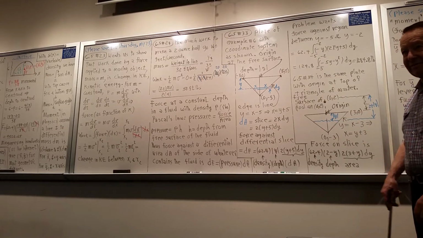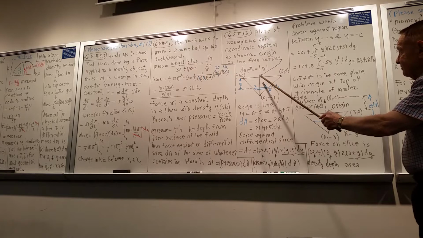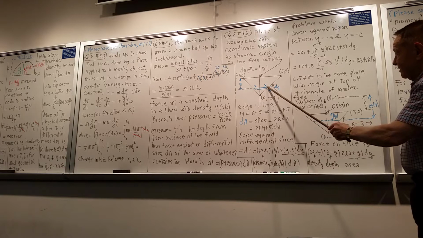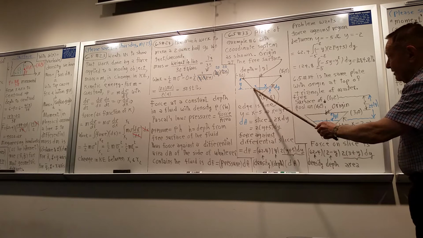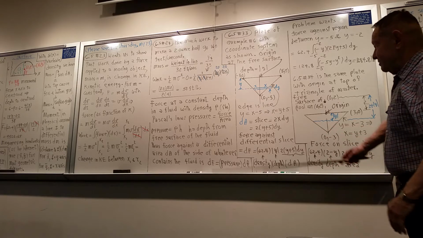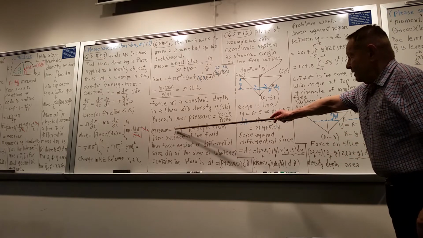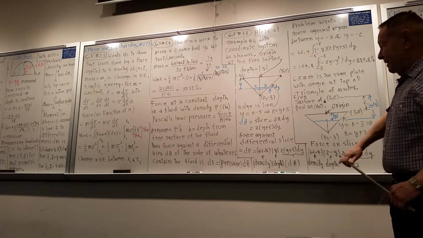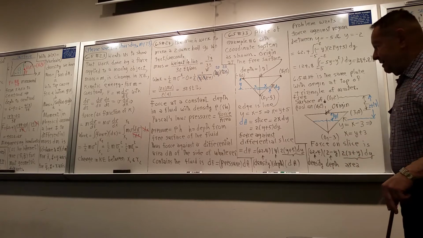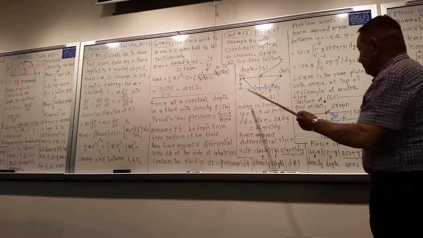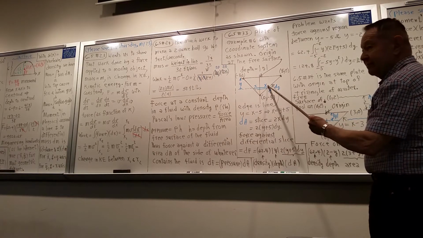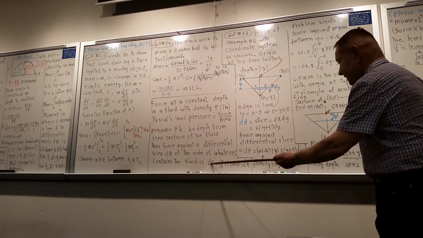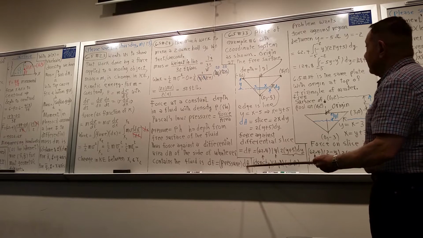If you're at a depth from a free surface to a slice across the window area, then the pressure would be density times the depth from the free surface down, and the force would be the density times the depth times the differential area, the area of the slice. So that's what I've written here: dF is pressure, then dA.